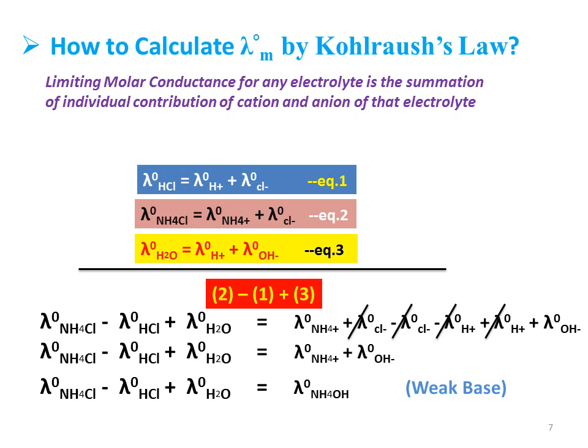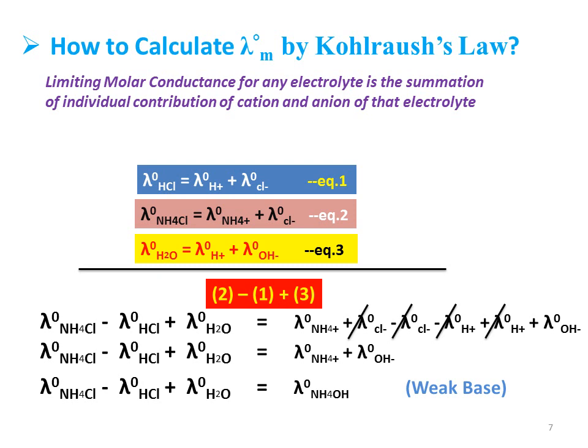Then we are subtracting lambda naught chloride ions of equation number 1. It is the right side. Then we are subtracting lambda naught hydrogen ions. Then we are adding the right side of equation number 3, that is plus lambda naught hydrogen ions plus lambda naught hydroxyl ions.